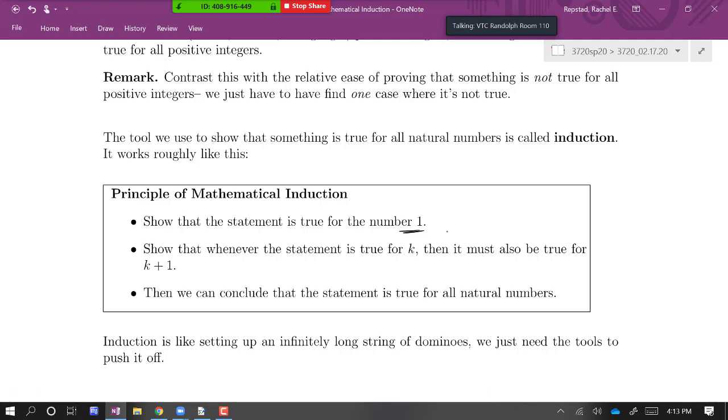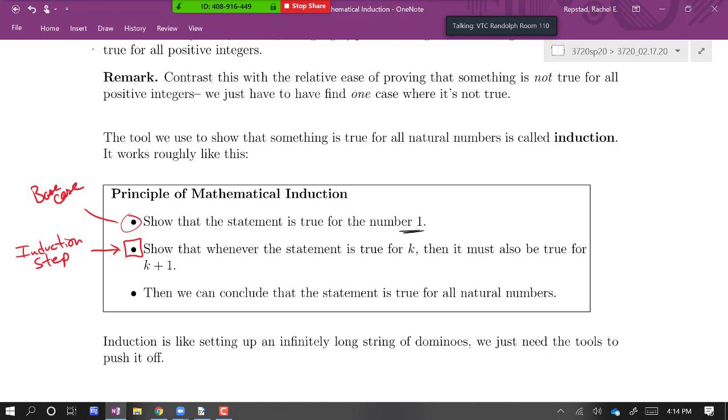So the idea is, this first step, I call the base case: show that it's true when n is 1. Now, this is what we call the induction step, and this is where the money is. This is where all the work is. You assume that it's true for some integer k. You're not picking an actual integer, you're using k, or whatever letter you want.